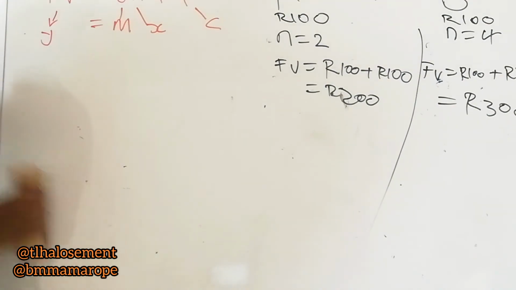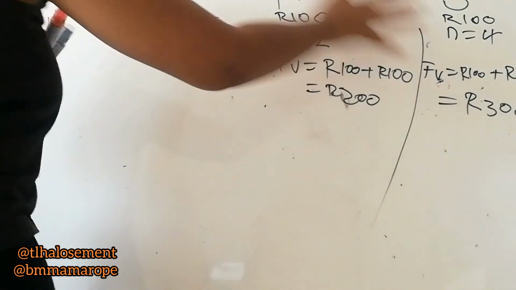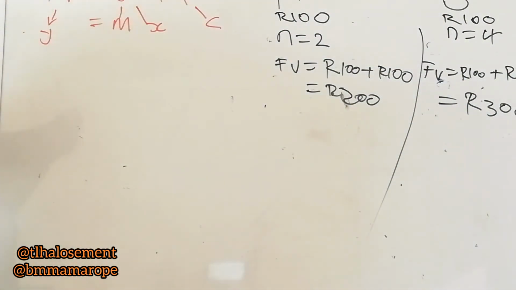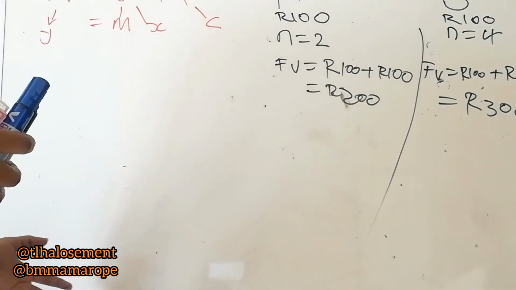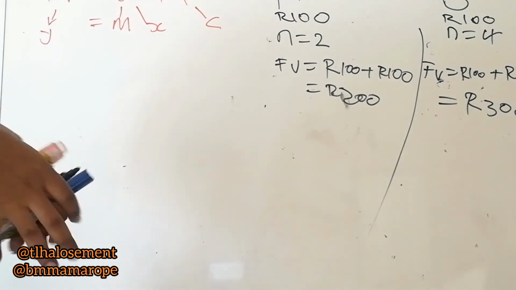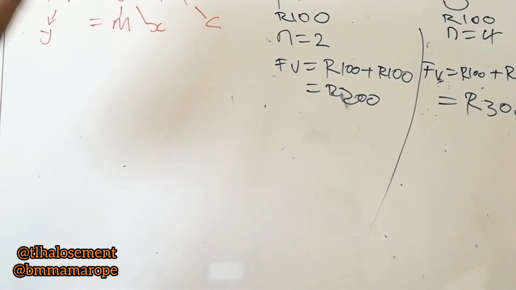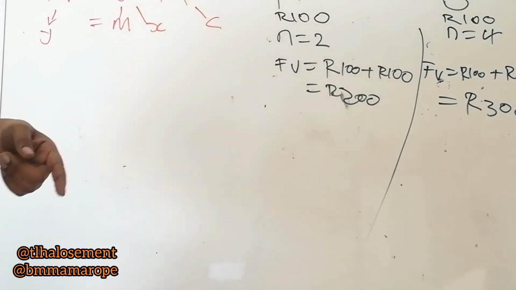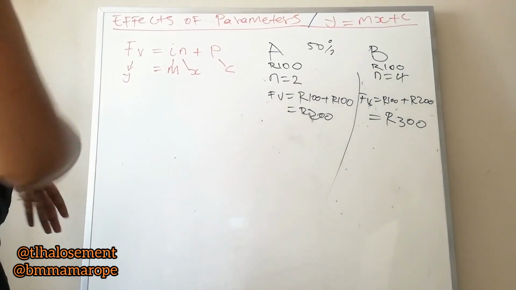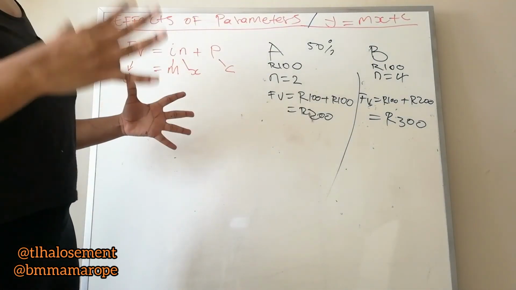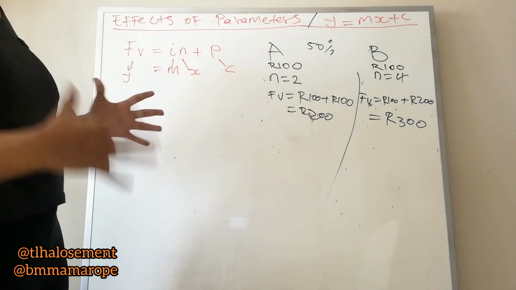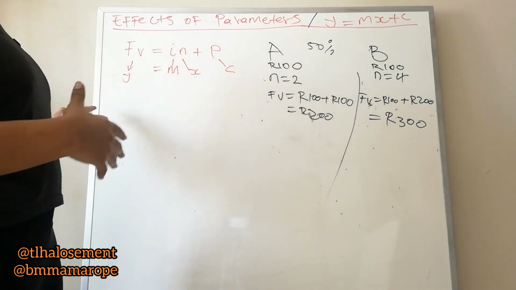So you will also see that everything is still the same. The only effect is the amount of time. So I've shown you how the parameters actually affect the graphs. I mean to say the straight line graph, and you would see that just one parameter can shift things, and things just look different and look better in terms of money, if we're talking money like in this situation.